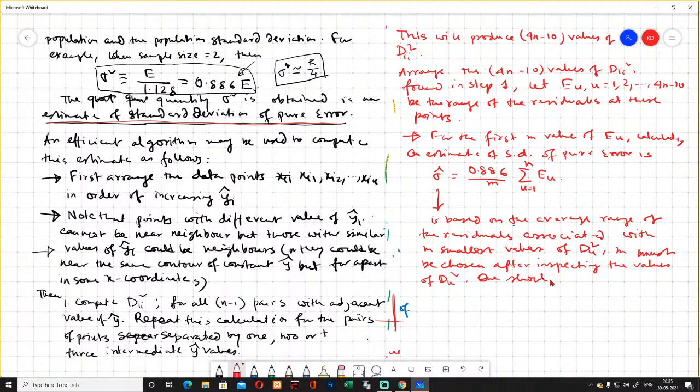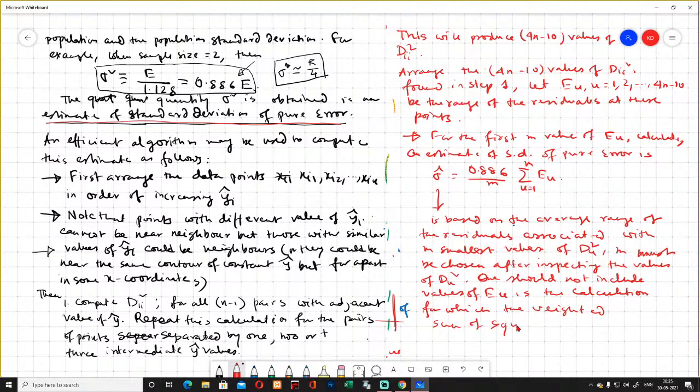One should not include values of u in the calculation for which the weighted sum of square distance is too large.